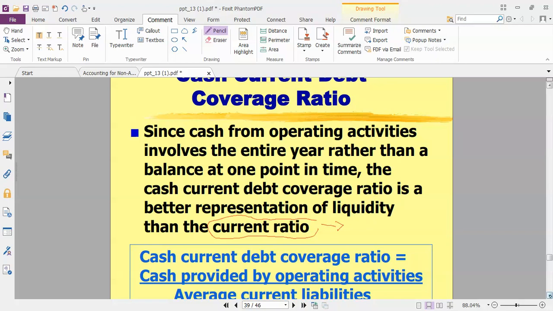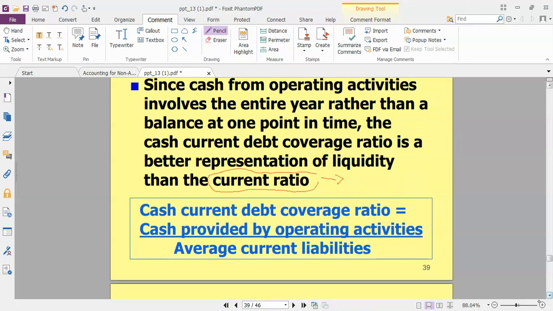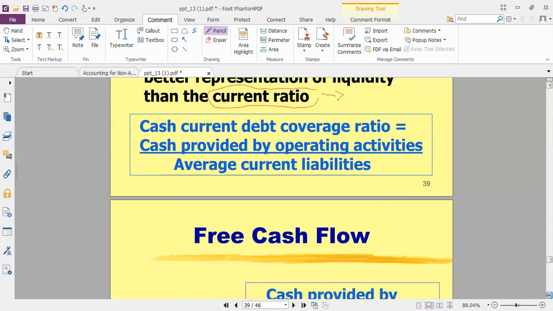So let's look at the formula. The cash current debt coverage ratio is equal to cash provided by operating activities, divided by average current liabilities. That is the formula.